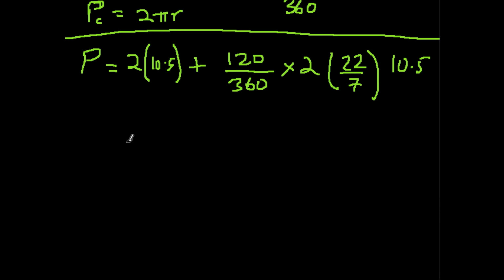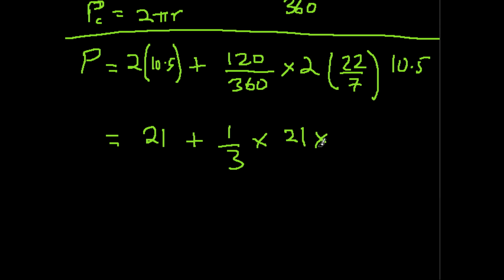All right, so now we've plugged in all the values. This is just a basic arithmetic problem. We multiply everything out, and we get 2 times the radius is 21, plus 120 divided by 360 is 1/3, times. Now, just to make my life easier, I already know that 2 times 10.5 is 21, so I'm going to do that first.